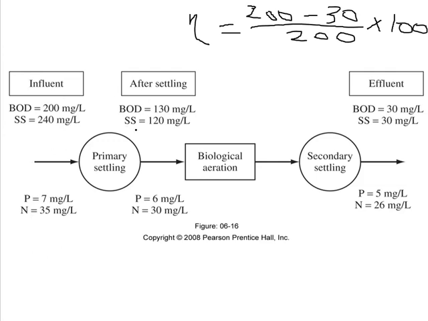And you can even calculate the efficiency of the primary settling between these two values: 200 minus 130 divided by 200. That is, between these two points, or between the final and this point. So if the initial and final values are given, you can calculate the efficiency of any unit which is doing the treatment. So this is the method of calculating the efficiency.